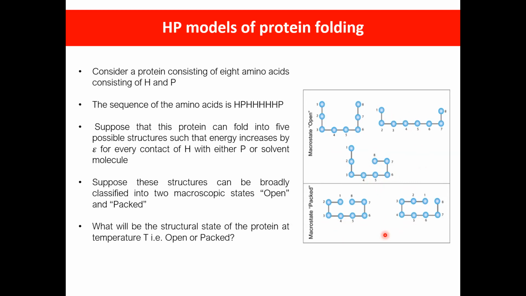Now the question being asked is: what will be the structural state of the protein at temperature T, whether it will be found in the open state or the packed state, or which state will be preferred? So we have to find it out.